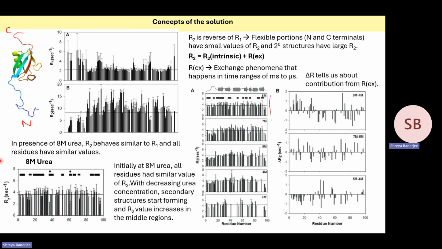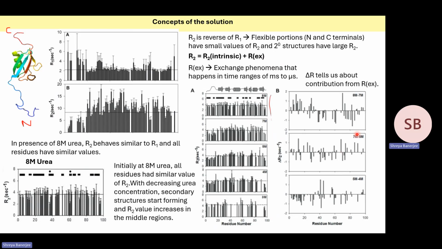And inside R2, there is something called R exchange, which basically gives you an idea about exchange phenomena that is happening in millisecond to microsecond time scale. So if you calculate R2 in different concentrations of urea and you take a difference, delta R2 is R2 in 8 molar urea minus R2 in 7 molar urea.